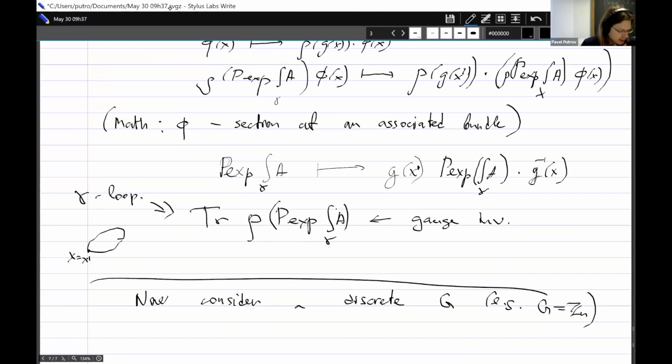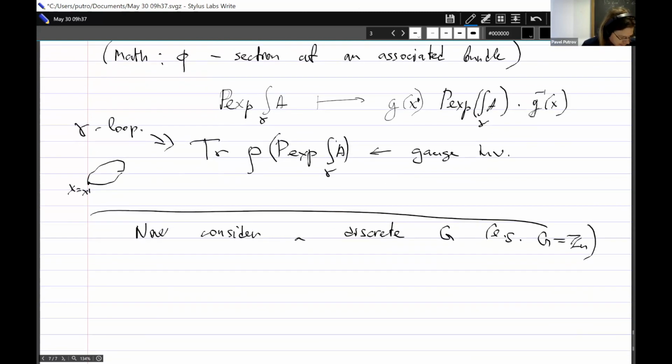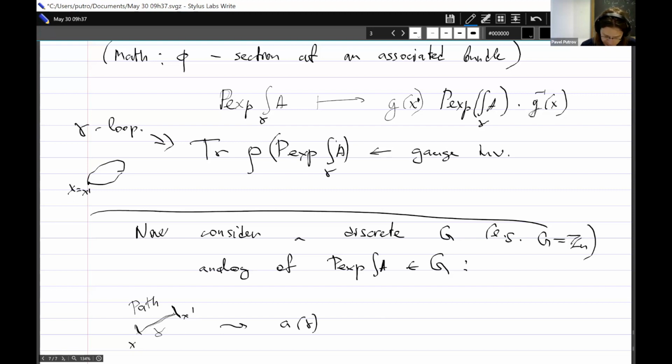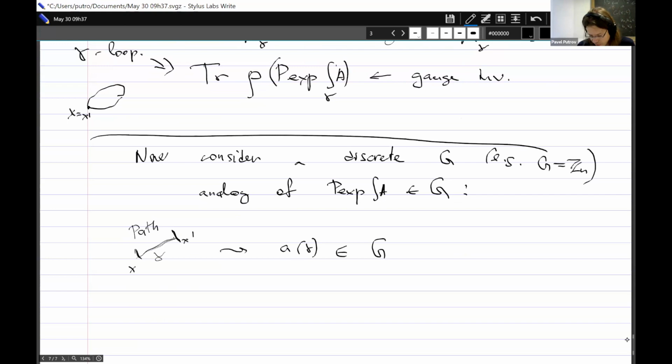Well, mathematically, this is what is called holonomy along a path γ. Again, for each path γ from x to x prime, we still want to assign some element of the group G.